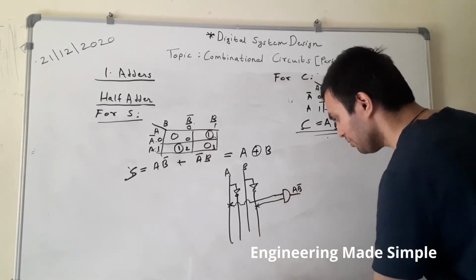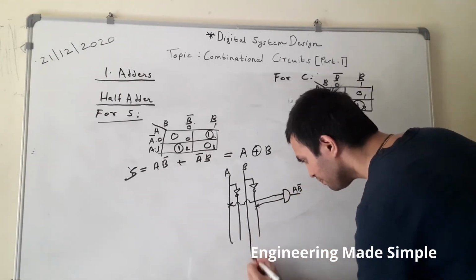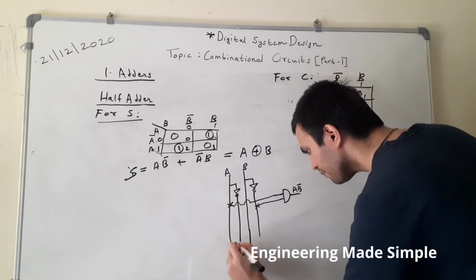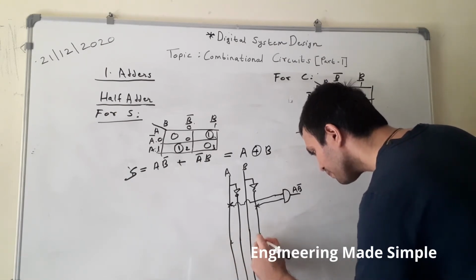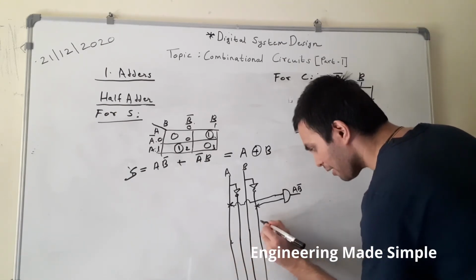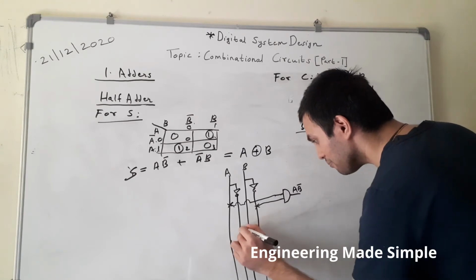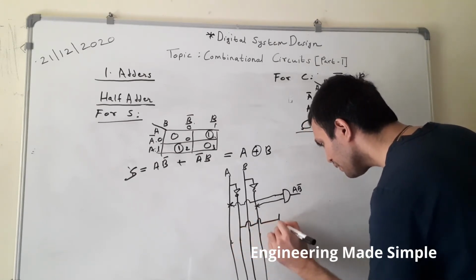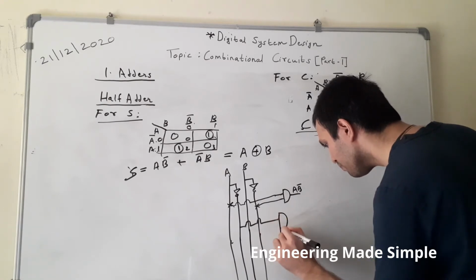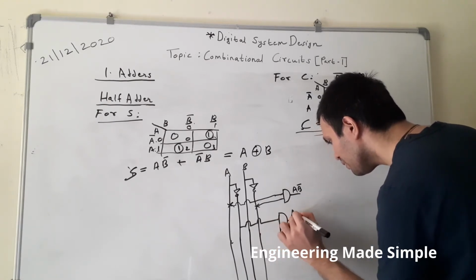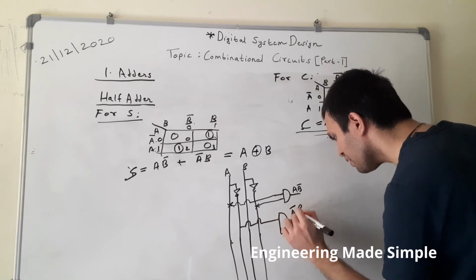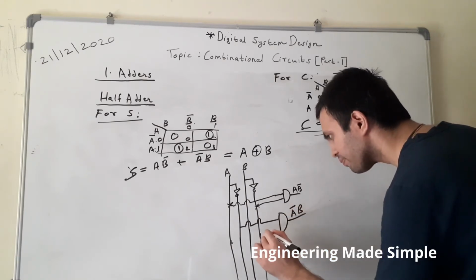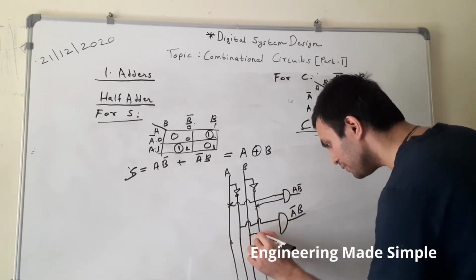And the next term which we want to implement will be A bar B. So here what is A bar? This line. A bar B. So it will be from here.